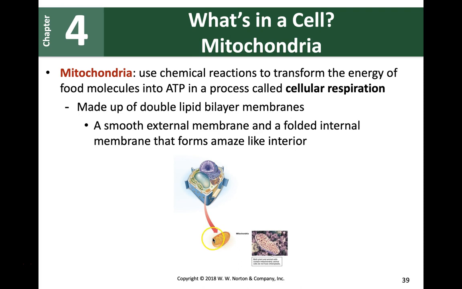So you have 2 layers: one is the outside layer and one is the inner layer. The outer layer just stays in this shape, but the inside membrane actually folds into this structure. This gives more space, or more surface area, for ATP to be produced. And we're going to see more of that in our next chapter.